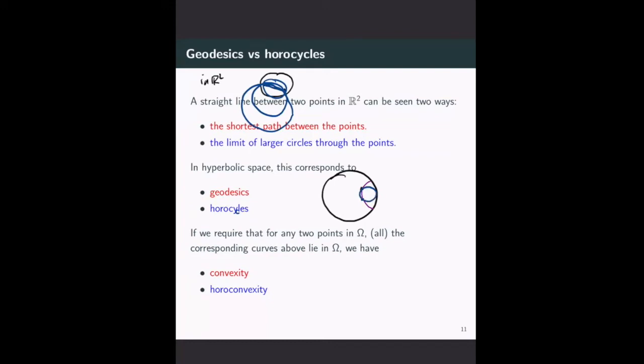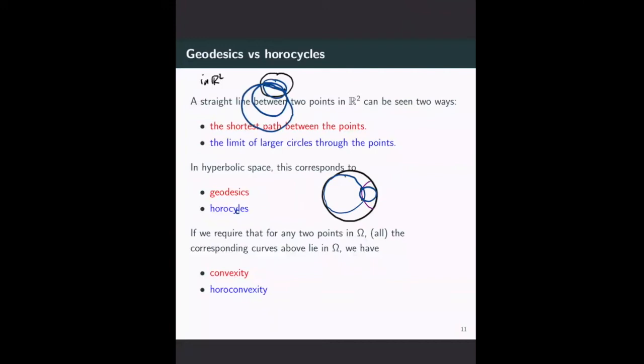The interesting thing is you could have taken a circle this way and made it larger and larger. And that would give you the second horocycle through these 2 points. So the notion of convexity is: given any 2 points, the geodesic connecting those 2 points has to be in the domain.